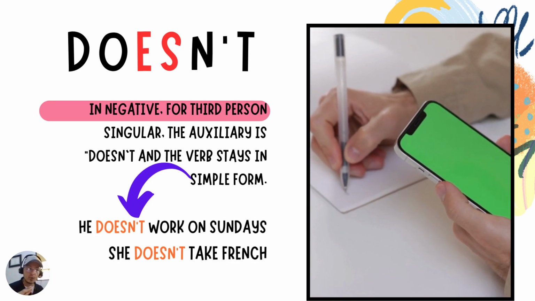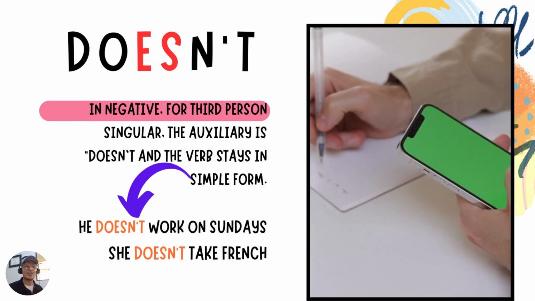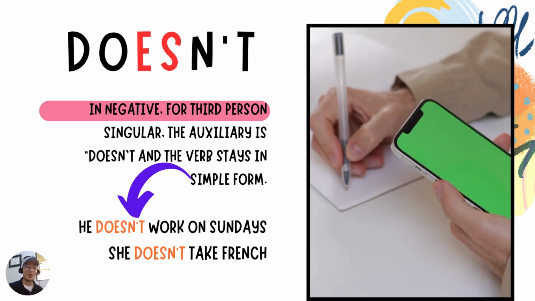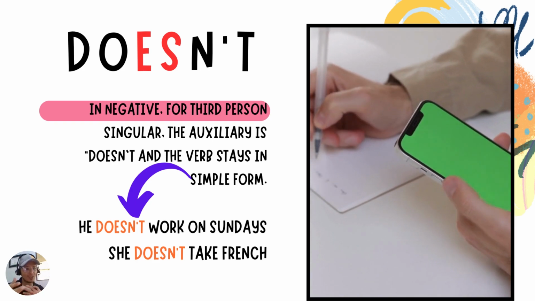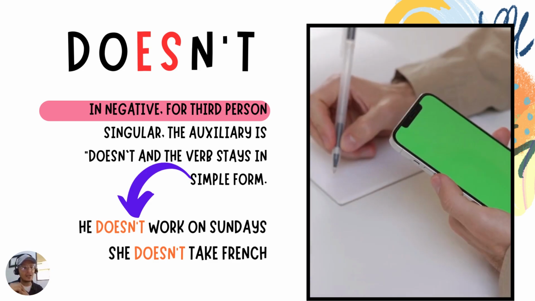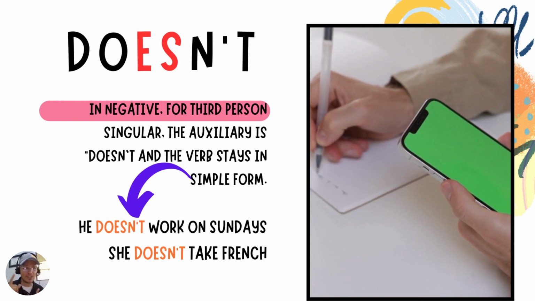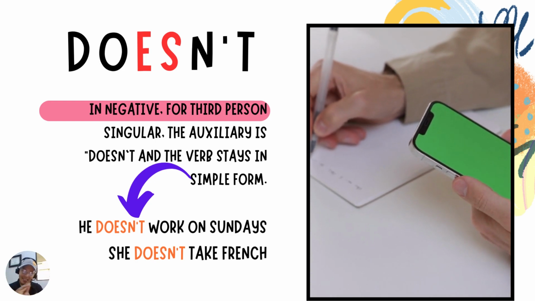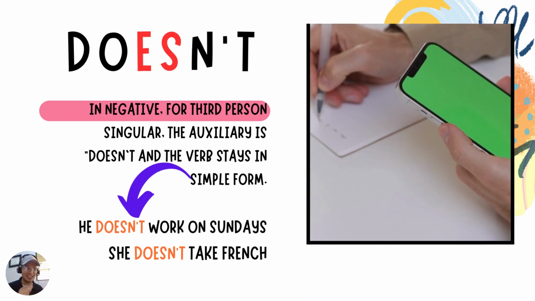So all the rules we saw and the exceptions for third person singular don't apply to negative structures, because in negative structures, what you modify is the auxiliary don't to doesn't. An example you have here: he doesn't work on Sundays. She doesn't take French. Notice how I don't add an S to the verb work, because that ES idea, we moved it to the don't, doesn't. Great job.